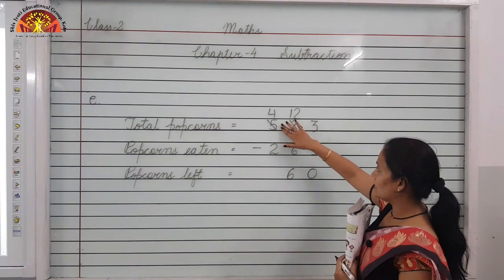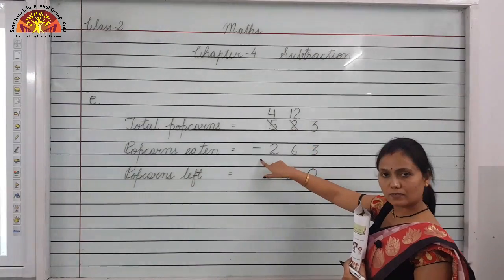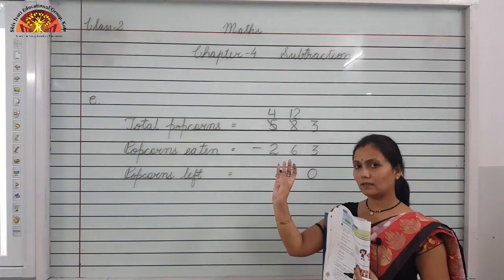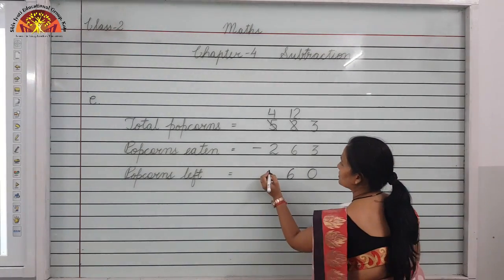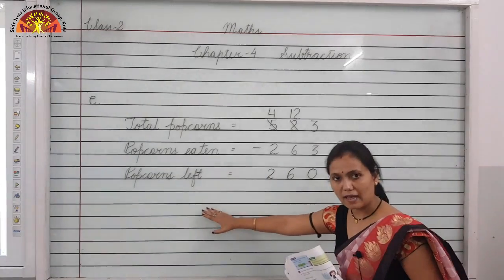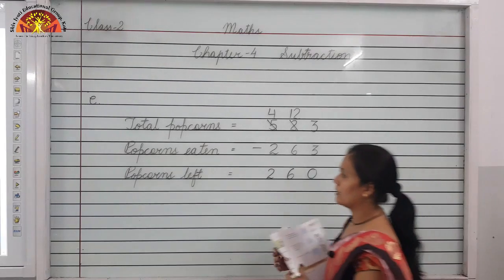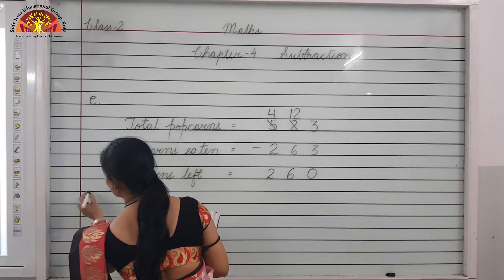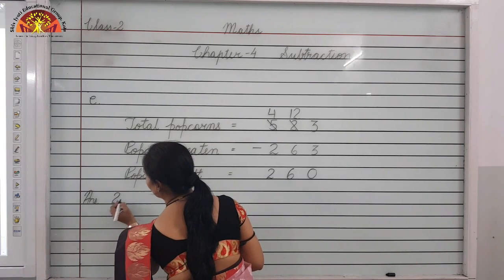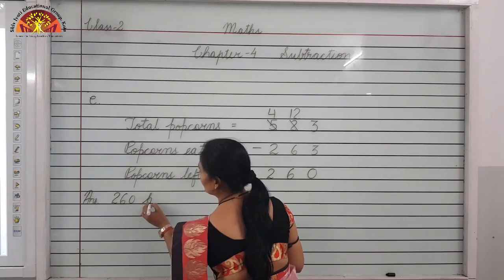Now next is 4 minus 2. So we will count after 2. 3, 4. How many? 1, 2. So 4 minus 2 is 2. So total popcorns left is equal to 260. Now here we will write answer 260 popcorns.